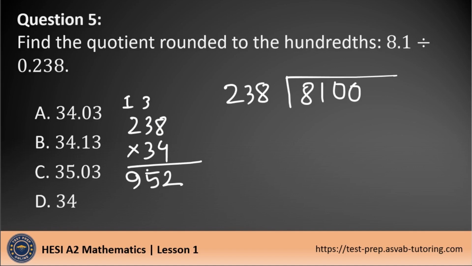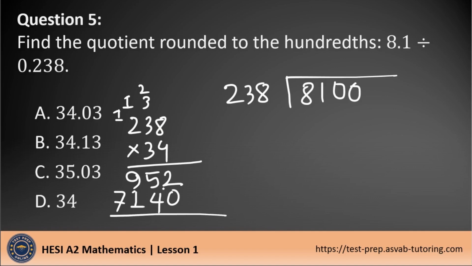So here we need to skip for the next digit. So 0 comes and 3 times 8 equals 24. 4 comes here, and here 2 is a carry for the next digit. So here 3 times 3 equals 9 plus 2 equals 11. 1 comes here, and 1 is a carry for the next digit. So here 3 times 2 equals 6 plus 1 equals 7.